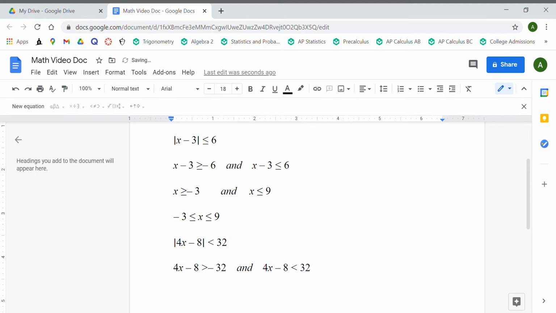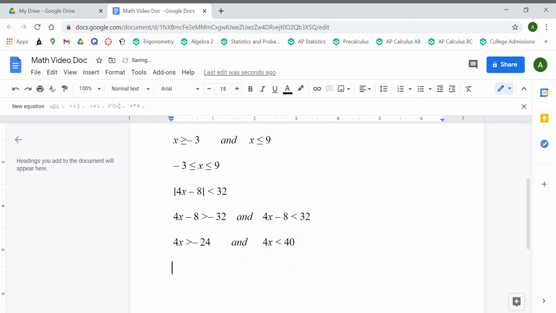Add 8 to both sides for each inequality. Negative 32 plus 8 equals negative 24. 32 plus 8 is 40. Divide both sides by 4. We get x to be greater than negative 6 and x to be less than 10.